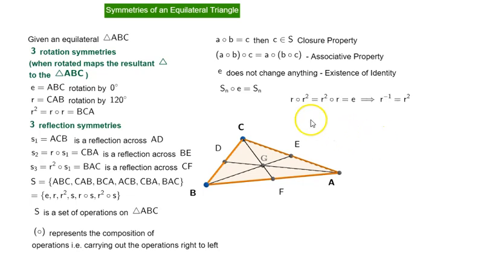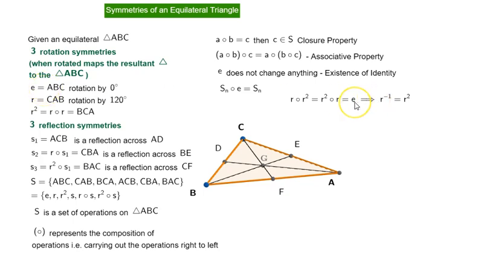Similarly, let's look at this. What about inverses? Now we rotate it once and rotate it twice more. So when we rotate it once, we come to CAB. When we rotate it twice more, that means R has already been applied, then we apply R square. What do we get? We get ABC itself.